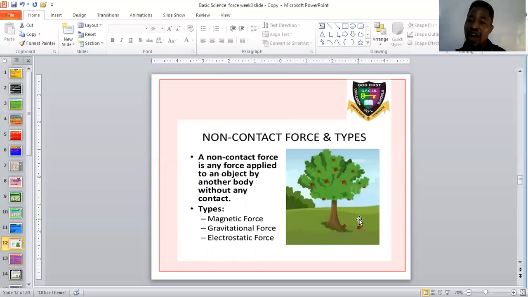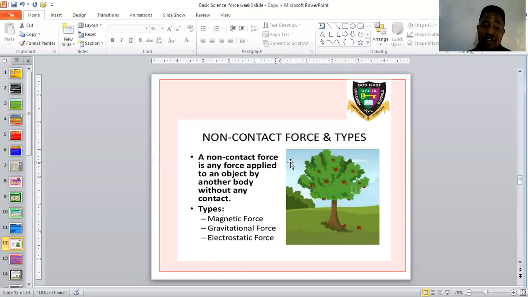If you have an orange tree or apple tree in your house, and you went to bed the night before and came out in the morning, you see a lot of the fruits on the floor. What happened? They got ripe and a force pulled them down and they fell. So that is non-contact force, gravity.